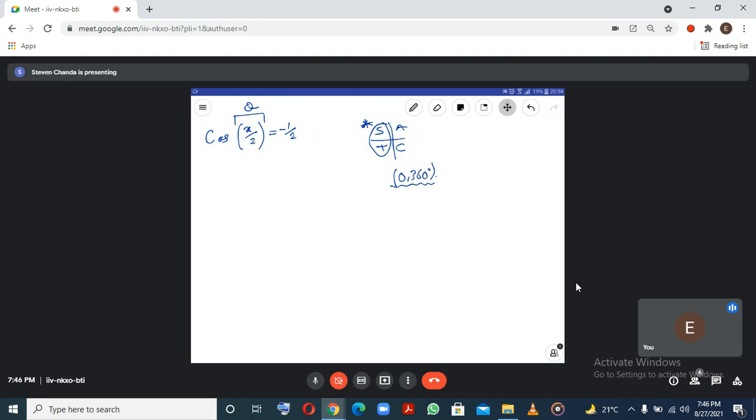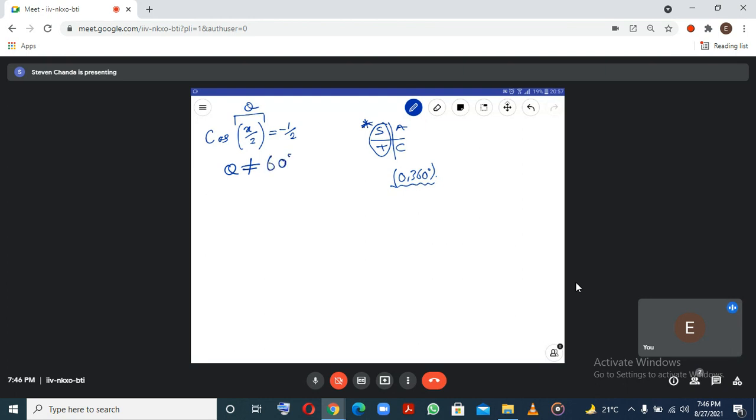Great. I'm asking because that's something we are going to make use of. So we know that cos of 60 is a half, so the angle is 60. Now this is not the answer.